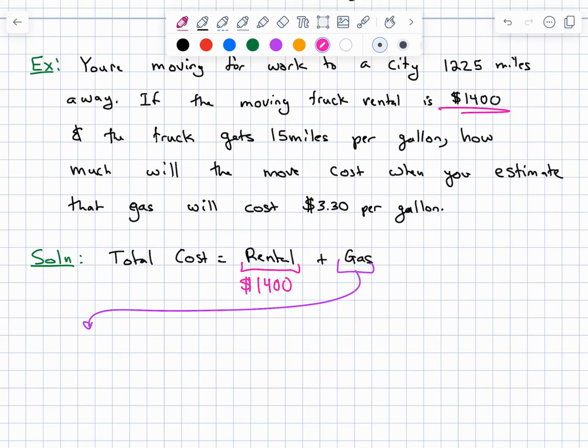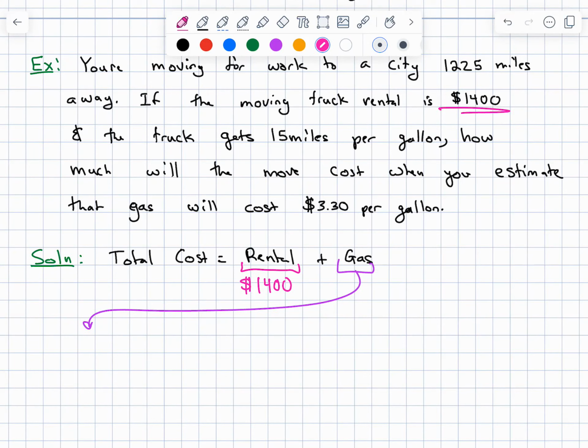There's three numbers that are listed, right? There's the 1,225, there's the 15, and there's the 3.30. Only one of them is not a unit conversion or a unit factor. That's $3.30 per gallon, so that is a unit conversion. Miles per gallon? That is also a unit conversion because of the per. The 1,225 is a static number. That is how many miles I have to travel. That is how I know I'm starting off with that.